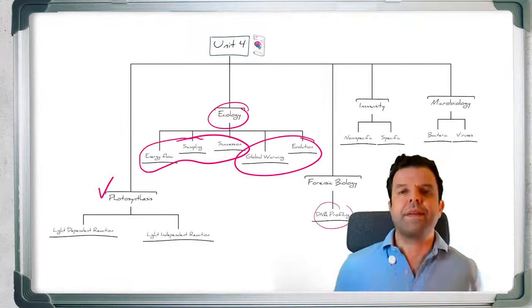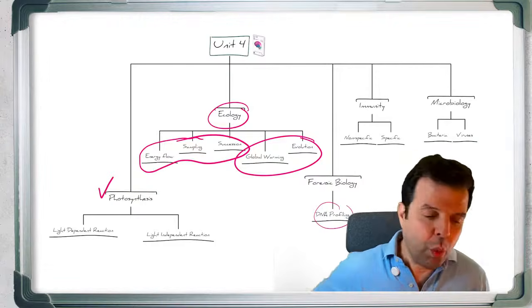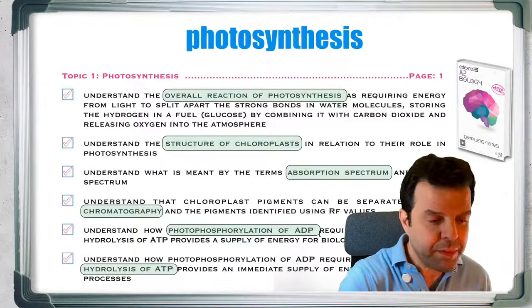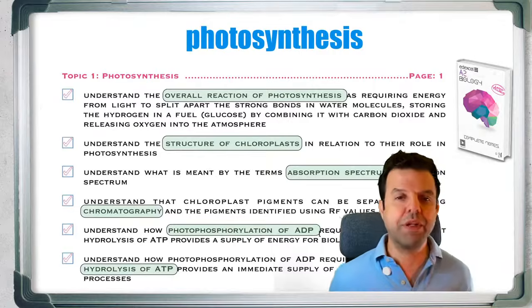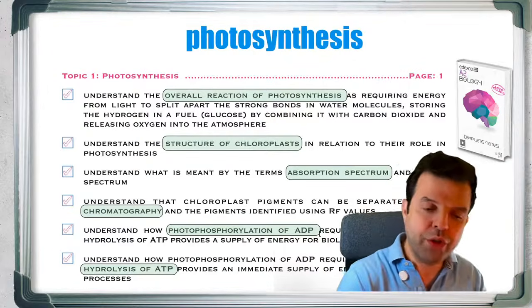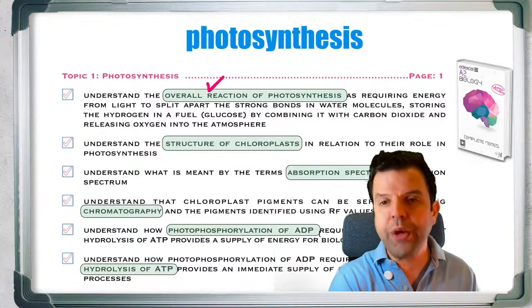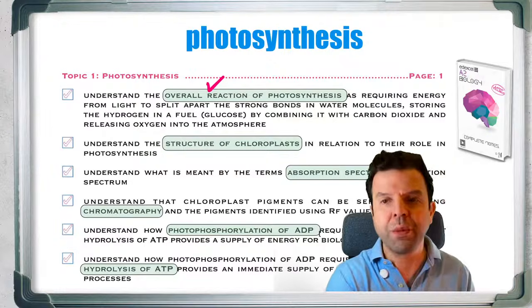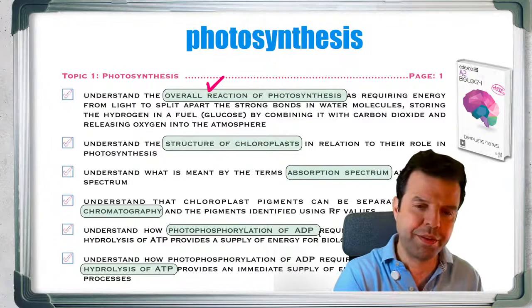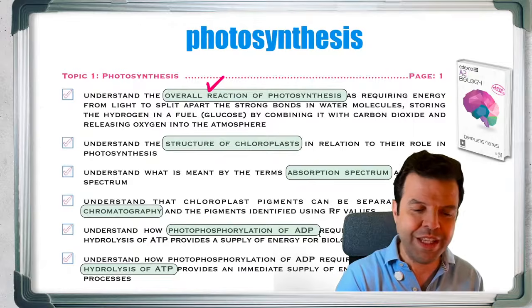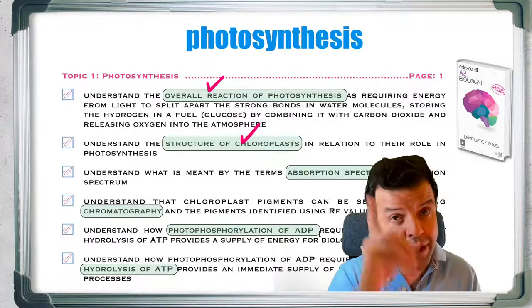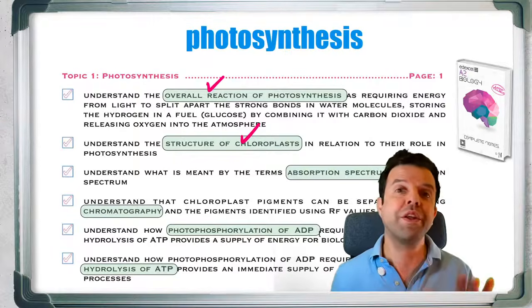Next step, I'm going to show you what part of your specification I am going to be doing. I'm going to do the overall reaction of photosynthesis, the equation of photosynthesis, something you have done in the past. The structure of the chloroplast, you've done this too in Unit 2.